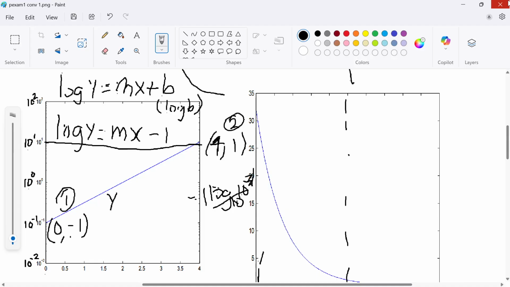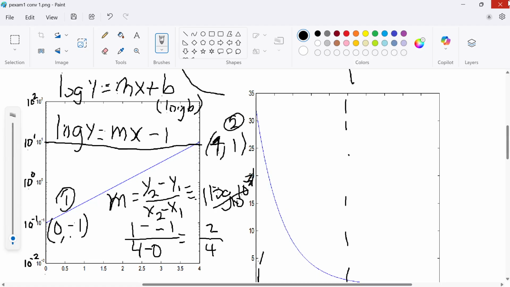The slope equals y2 minus y1 over x2 minus x1, which equals y2 is 1 minus y1 is negative 1, divided by x2 is 4 minus 0, equals 1 minus negative 1 is 1 plus 1 is 2, 4 minus 0 is 4, 2/4 equals 1/2.